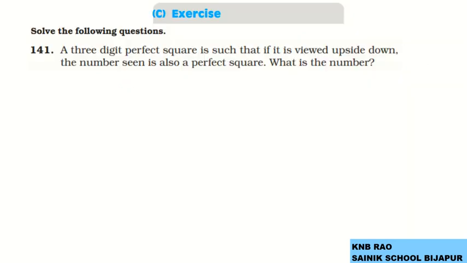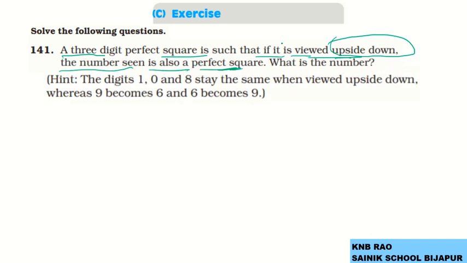Coming to question number 141. See children, here very important: a 3-digit perfect square is such that if it is viewed upside down, the number seen is also a perfect square. What is the meaning of upside down?